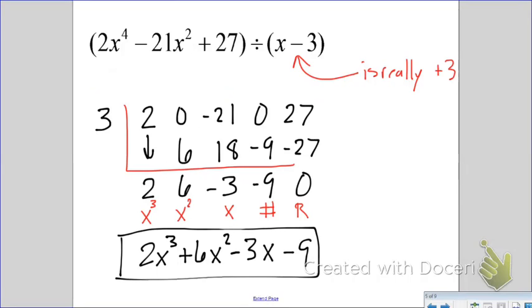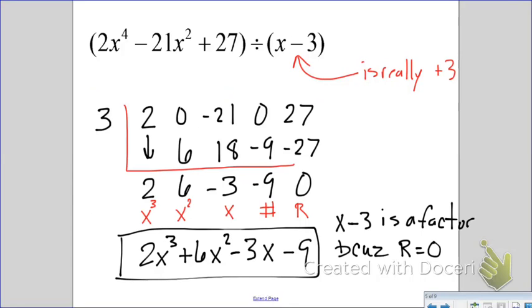And on top of this, we now know that x minus 3 is a factor because the remainder equals 0.